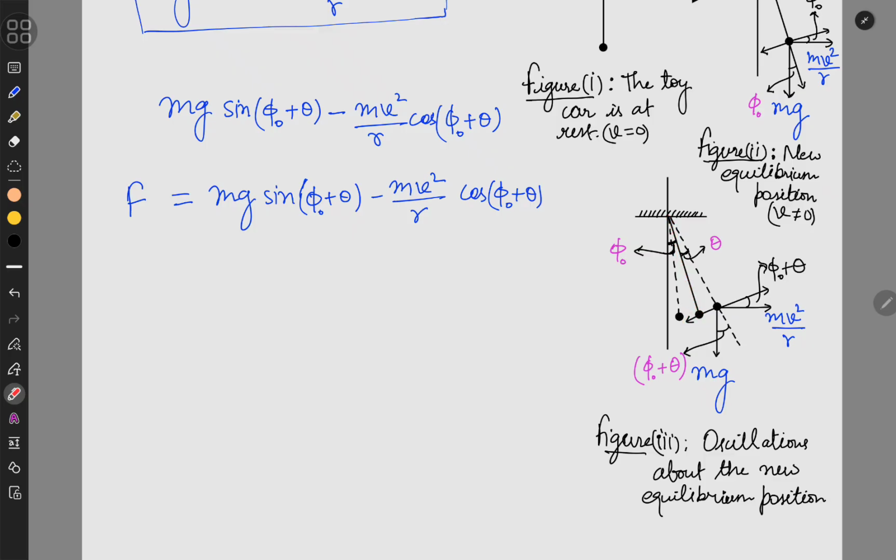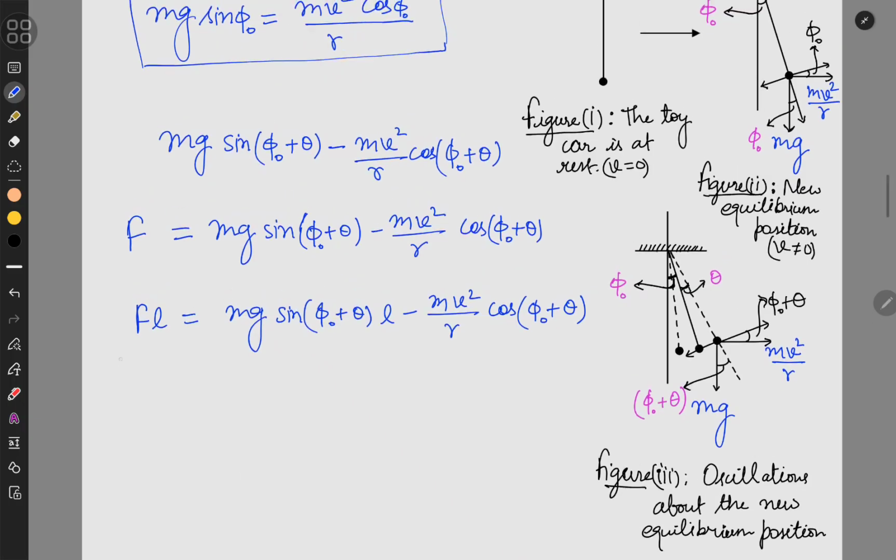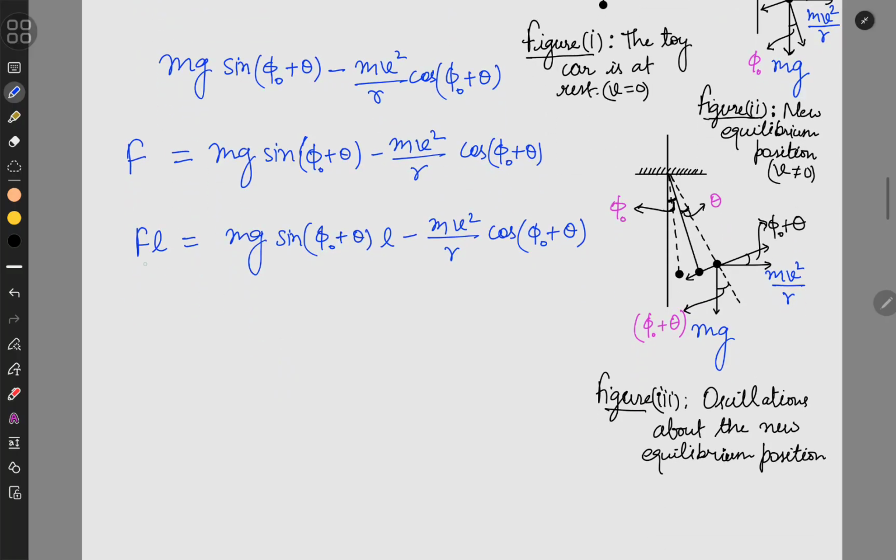So we will determine the torque, and that will be F times L, which is equal to mg sine phi naught plus theta times L minus mv squared upon r cosine of phi naught plus theta. Now this is the torque. Now we know that torque is the moment of inertia times the angular acceleration. In our case, this F times L is basically the torque.